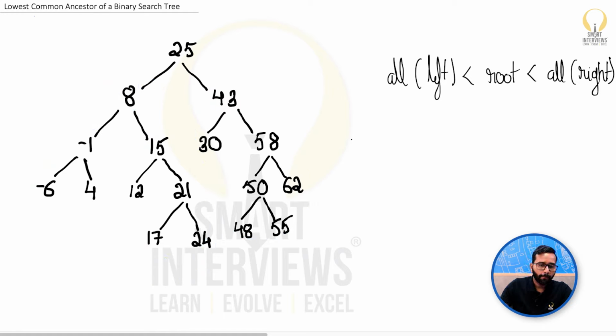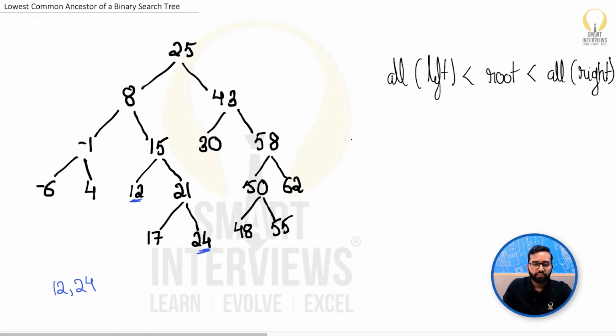Now say the given two nodes were 12 and 24. So you can see that 12 is over here and 24 is over here.